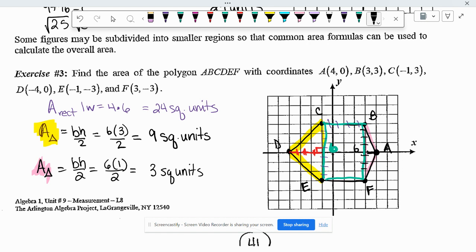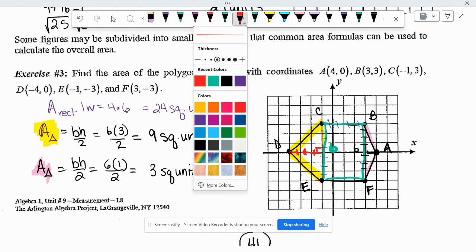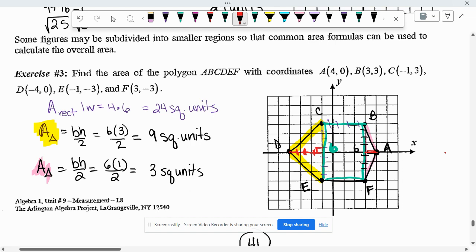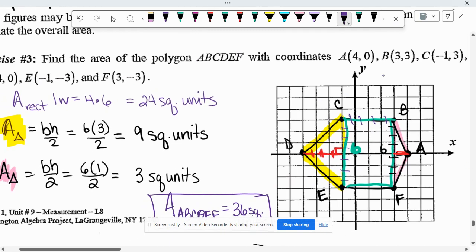So what is the area of the entire shape? Yeah, the area of A, B, C, D, E, F equals 36 square units.